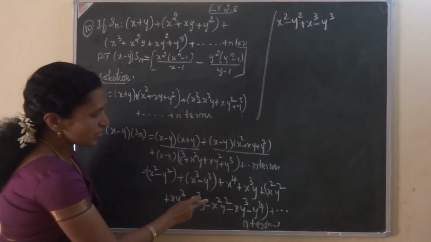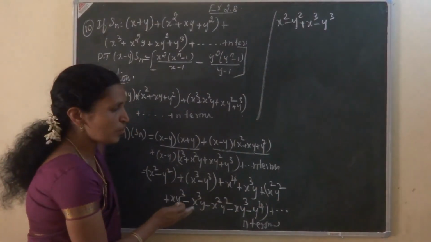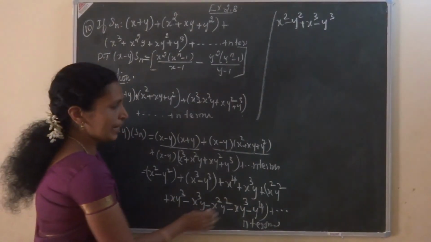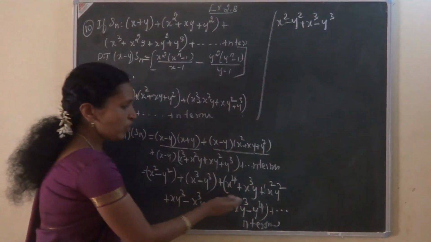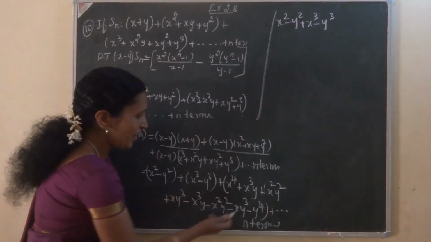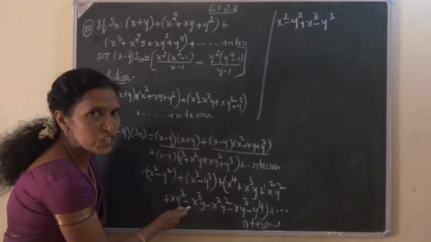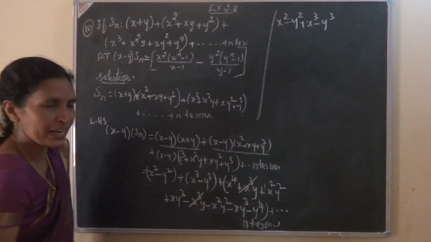Next, listen students, here you can cut any common values. Now listen, x power 4 here. x cube y minus x cube y will be cancelled.